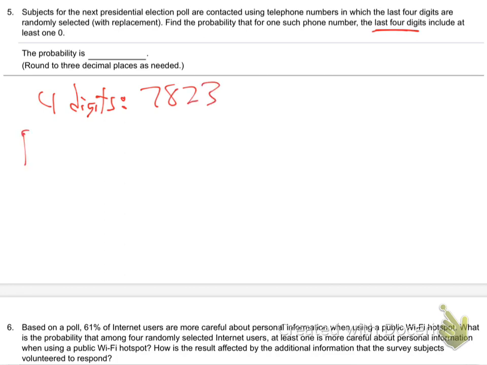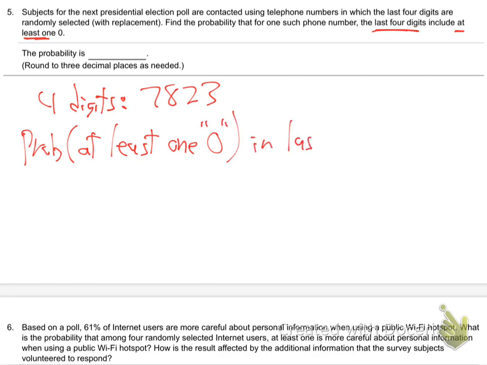They're saying what's the probability that you have at least one 0 in the 4 digits. So it's like having 4 kids, except it's 4 digits. And you're saying, what's the probability of getting at least one 0 in those 4 digits?